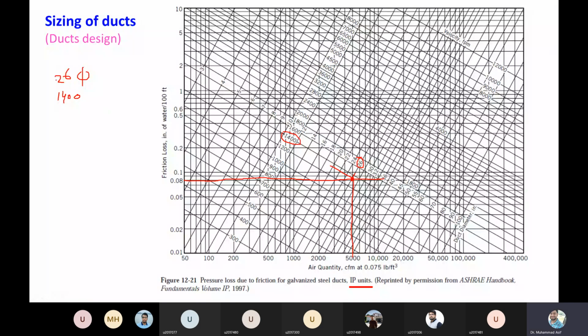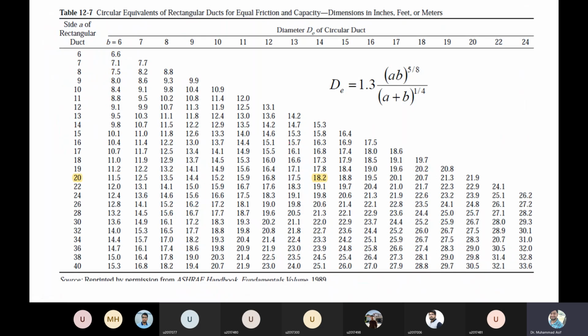Now this is in case of diameter, I mean, this is for the circular duct. Let's say the circular duct is not available in the market. Then you can use the rectangular or the square duct. You can use the table, which is the equivalent table of the circular duct to the rectangular duct. So let's say 26. In this table, you can figure out 26, then you can have the equivalent size.